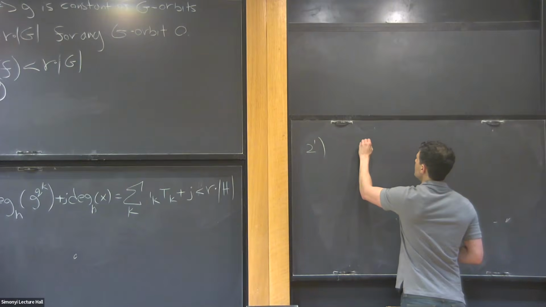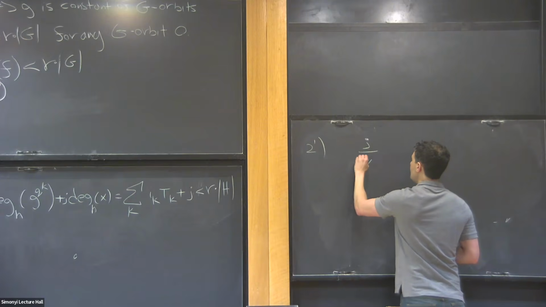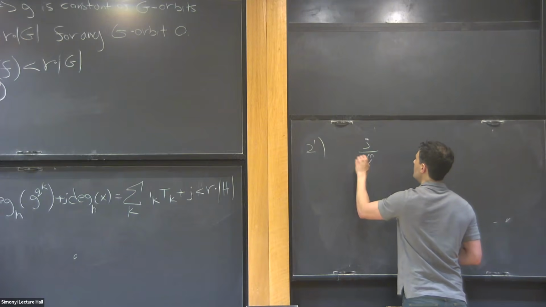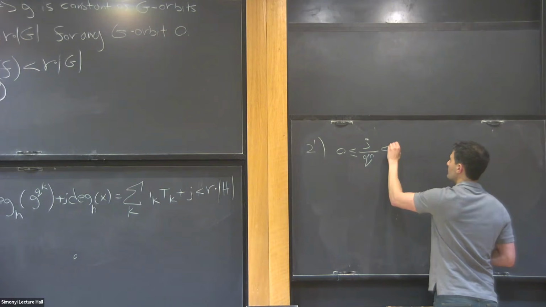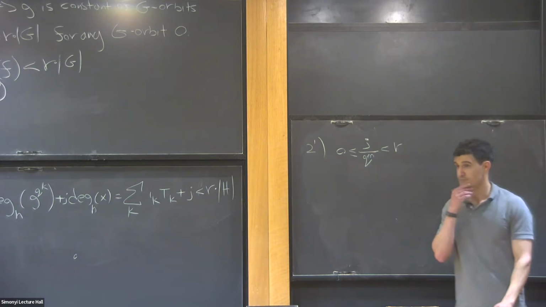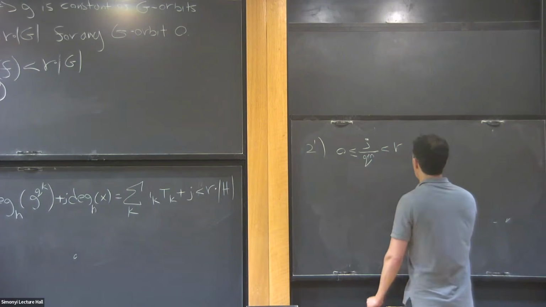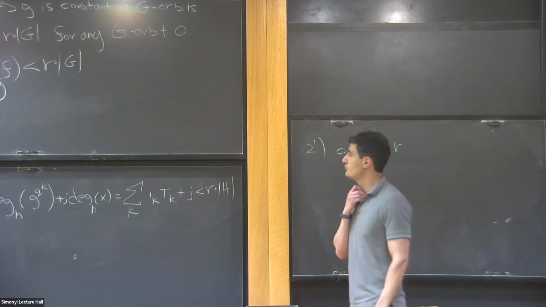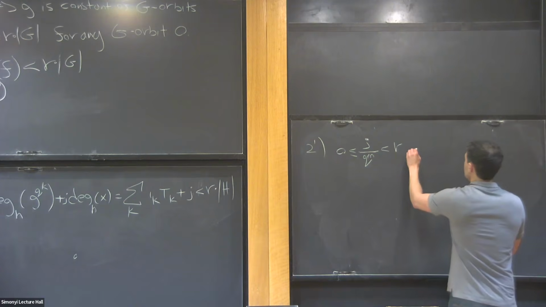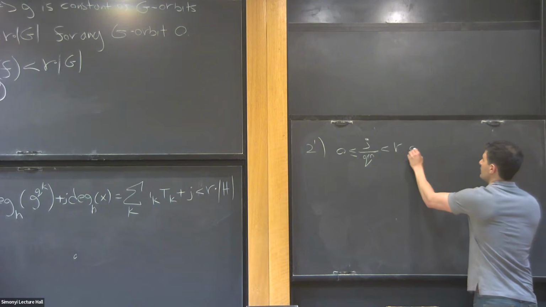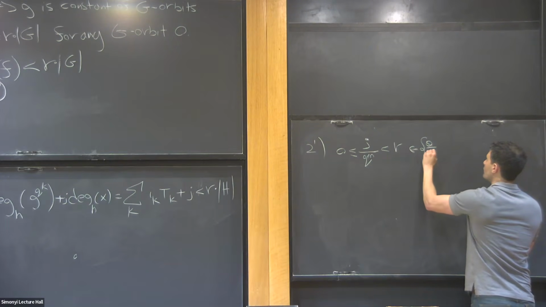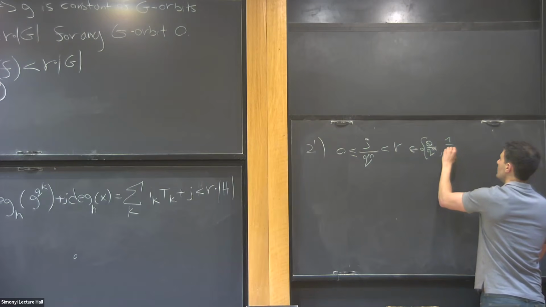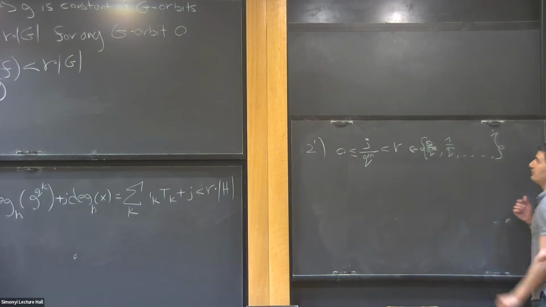I define J over Q to the M, which is positive and should be at most R. So this is an element here, 0 over Q to the M, 1 over Q to the M. Yeah, this guy.